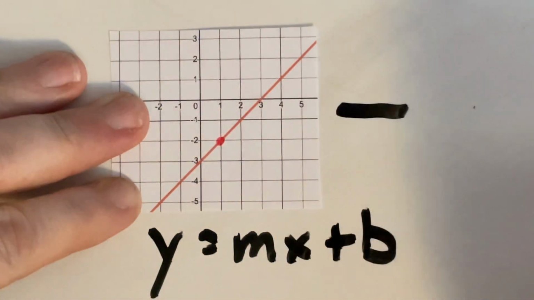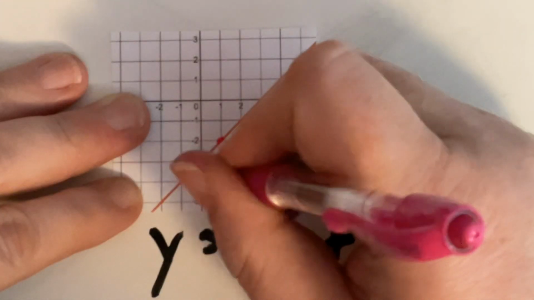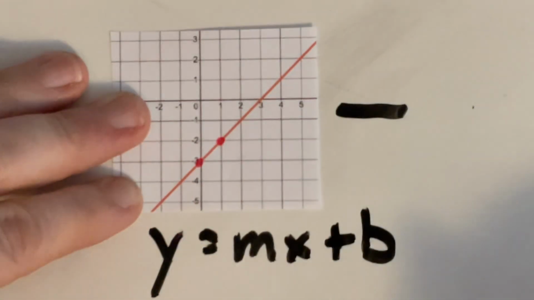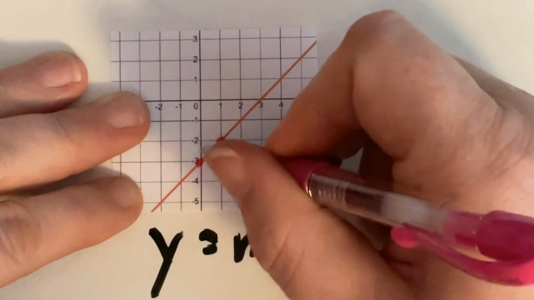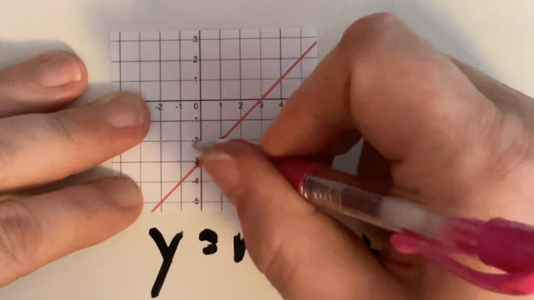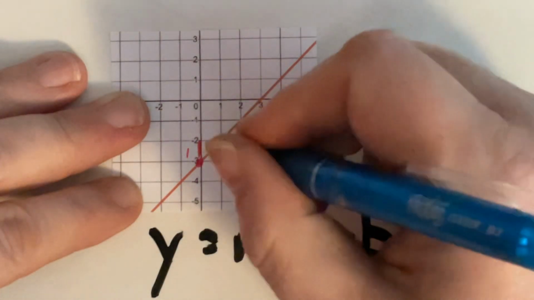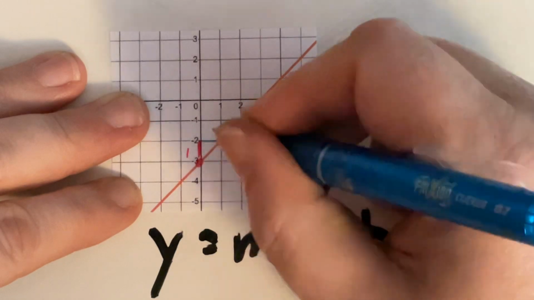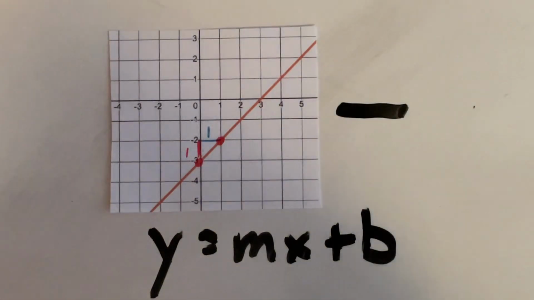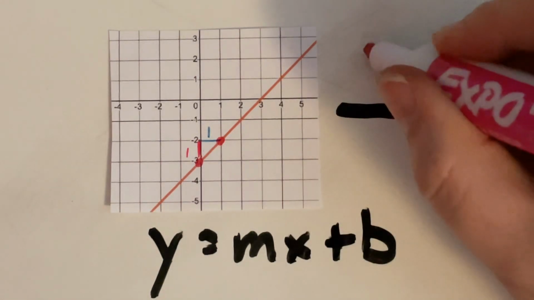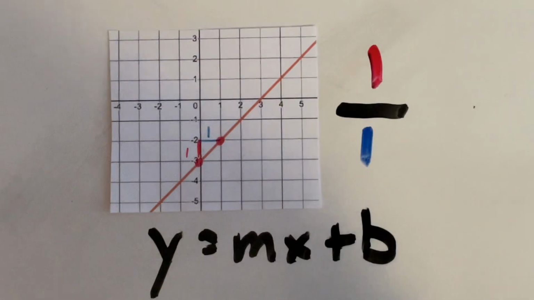Nice and clean. And it looks like this is a really good point too. Well, that was easy. Nice and close together. Okay, so I'm just gonna go up 1 box and I'm gonna go over 1 box, which means my rise over run is a super easy 1 over 1.